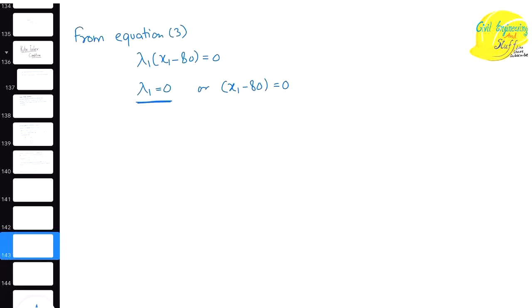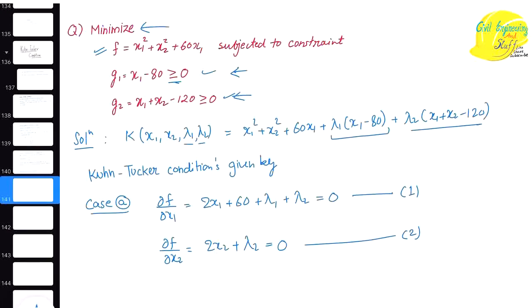So we are going to take case 1. Our case 1 is lambda 1 is equal to 0. Now let's put this value in equation 1 and equation 2.